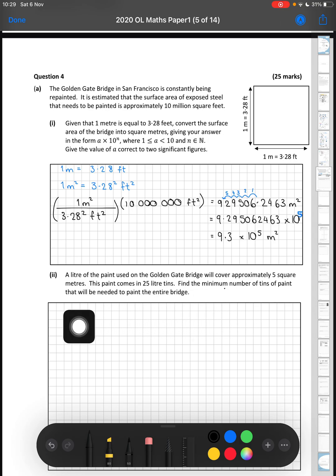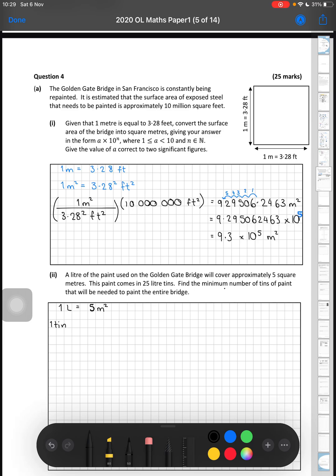Part 2 says a litre of the paint used on the Golden Gate Bridge will cover approximately 5 square meters. This paint comes in 25 litre tins. Find the minimum number of tins of paint that will be needed to paint the entire bridge. So how much does this 25 litre tin cover?